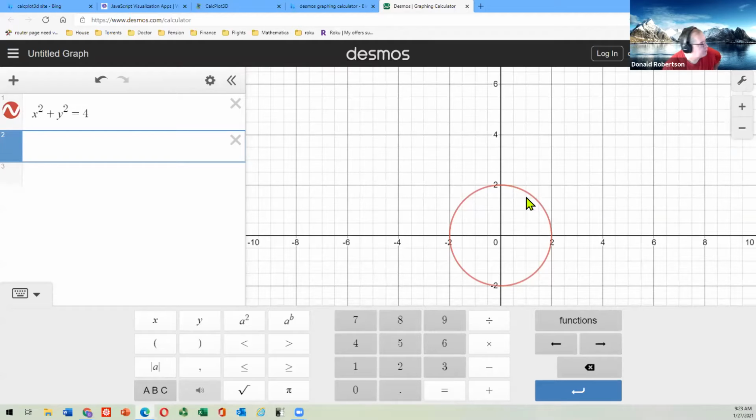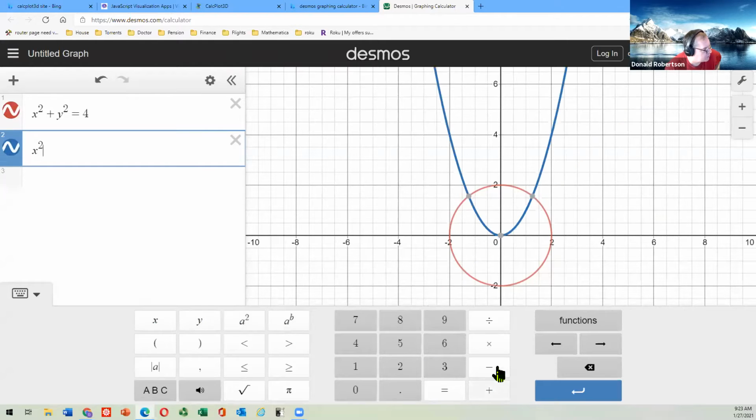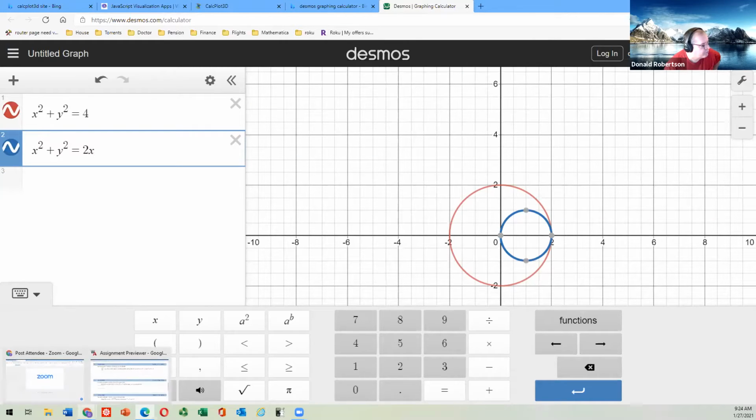A circle. And the second one is also an x squared plus y squared, but it's equal to 2x. Interesting. Let me have a quick look and make sure I wrote the thing down.